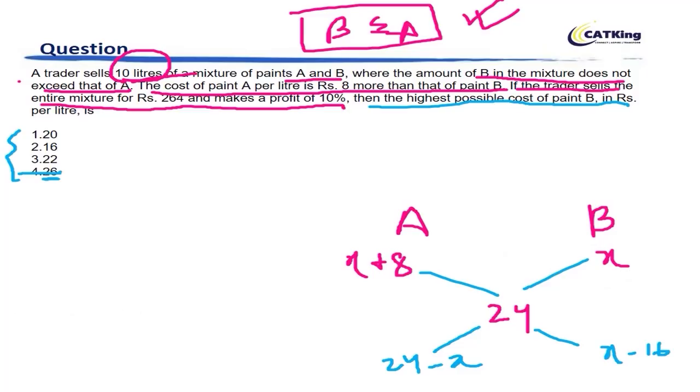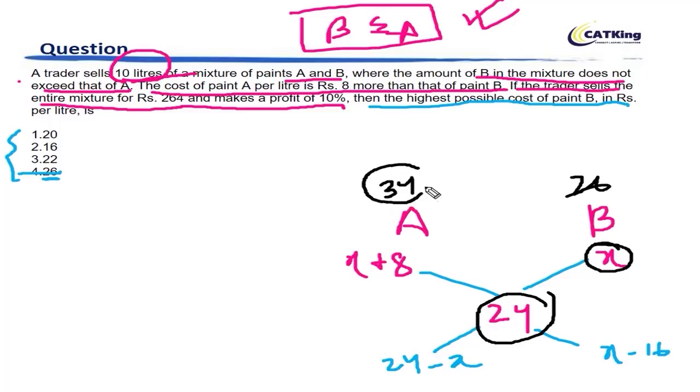If you put 26 here, this becomes 26 and this becomes 34. There is no possibility that the average becomes 24. The average cost after mixing is 24. If the two costs are above 24, then the average can't land at 24. Hence 26 is not an option.